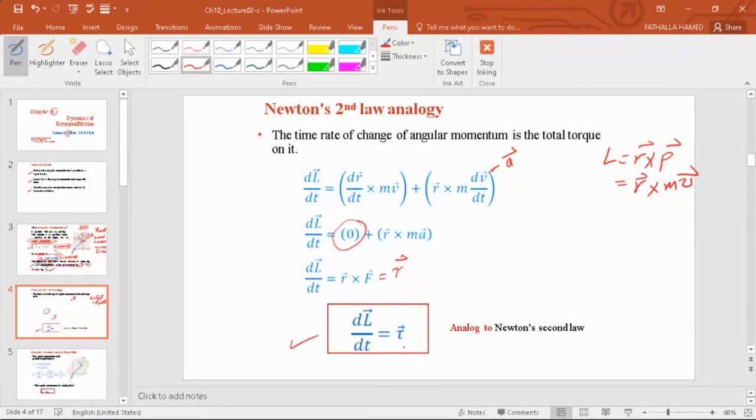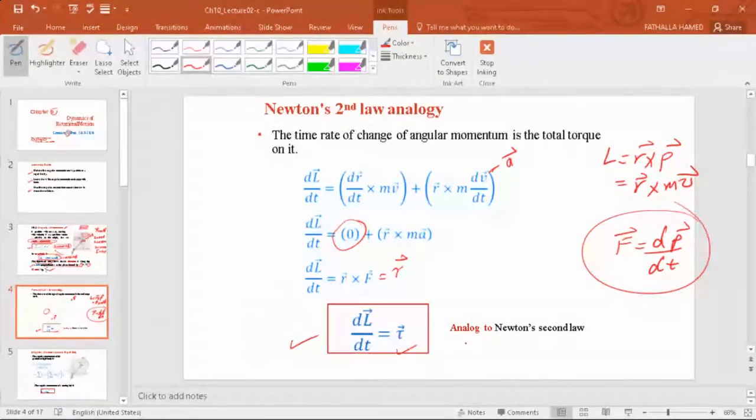If you recall what we did in chapter number 8, we said that F equals dp by dt. So the force here is related to the rate of change of linear momentum. The torque here is related to the rate of change of angular momentum with time. So you can see here, that's why we say analog to Newton's second law.